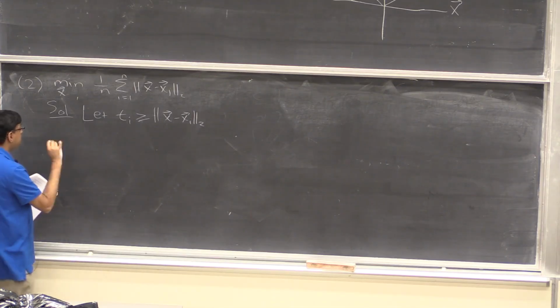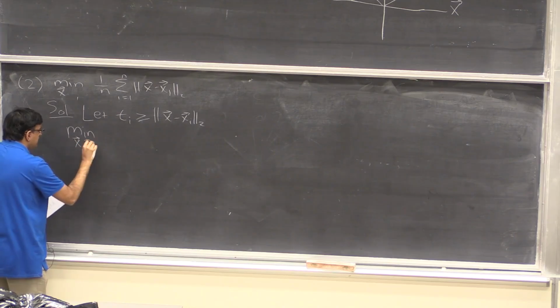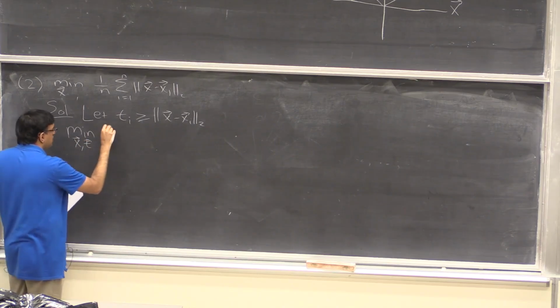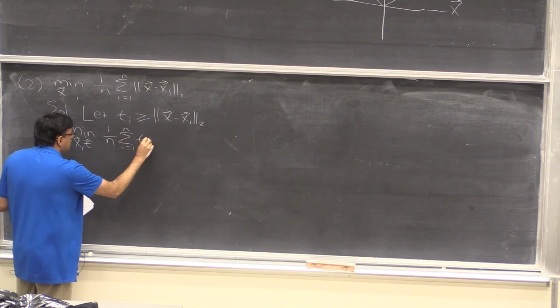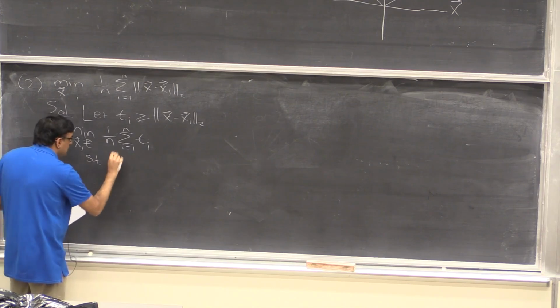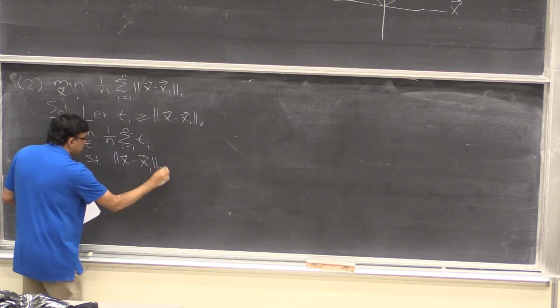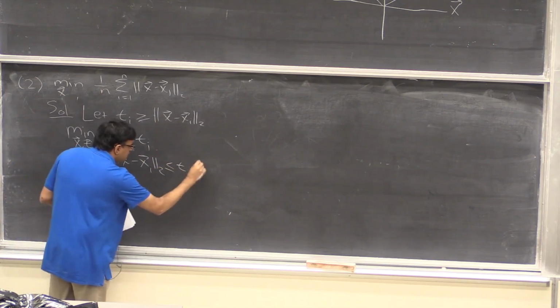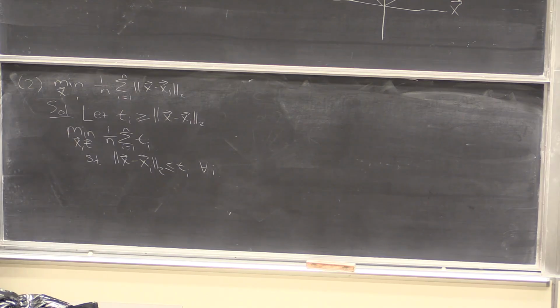Then we can write this optimization problem as min over x and t of 1 by n, sum from i equals 1 to n of ti, subject to the 2 norm of x minus xi less than or equal to ti for all i. Why is this an acceptable substitution?